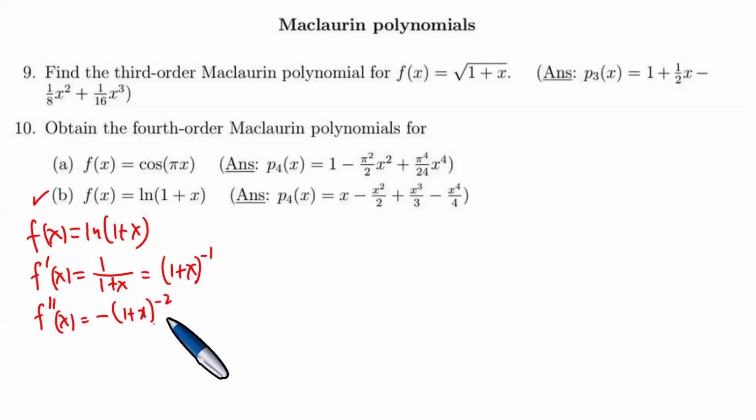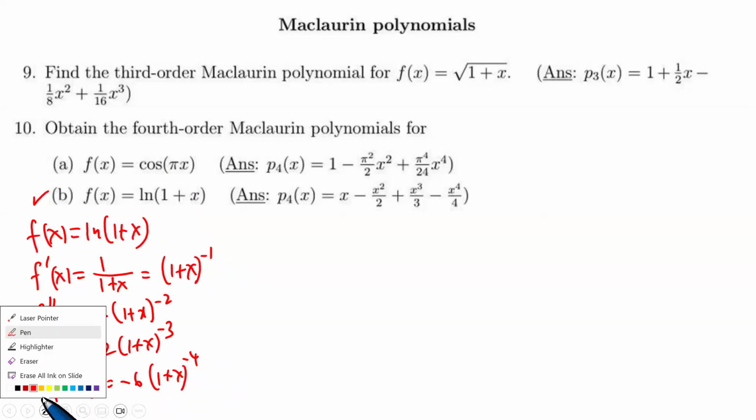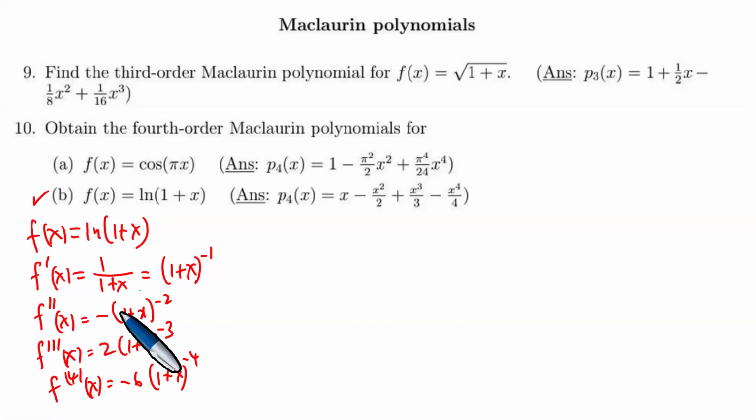Then minus 1 plus x to the minus 2. Then 2, 1 plus x to the minus 3. Fourth order, which is minus 6, 1 plus x to the minus 4. Let us find this at 0.